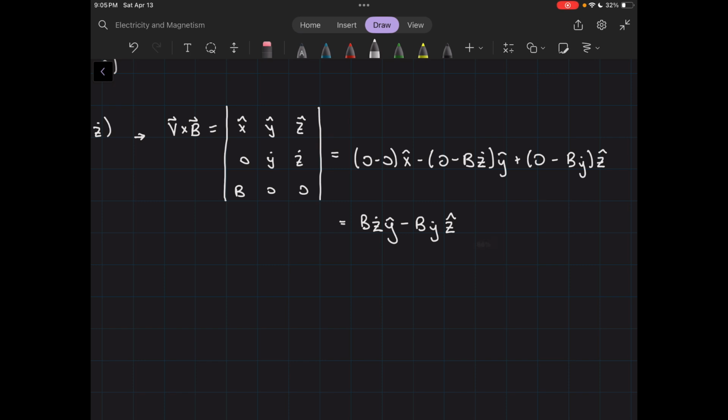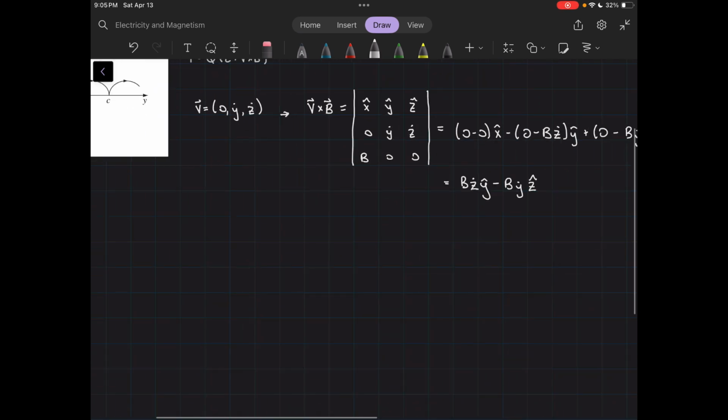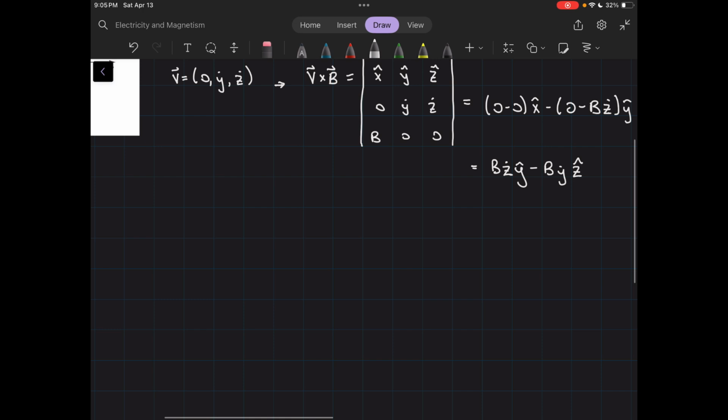So then the entire Lorentz force, which we have written up here, becomes F equals Q times the electric field, which is in the z hat direction, plus b z dot y hat direction minus b y dot in the z hat direction.